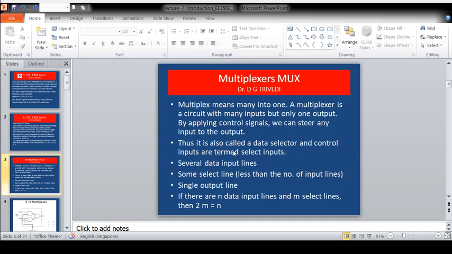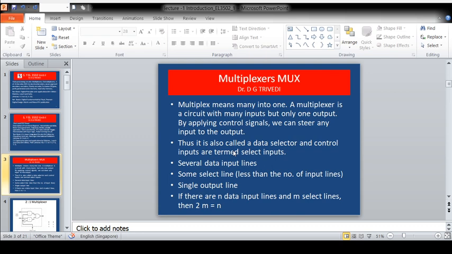You can say that there are n number of input signals, m number of control signals are required, and only one output signal is there. This is the block diagram of a multiplexer. If there are n inputs, how many control signals do we require, or how many inputs can m control signals control?